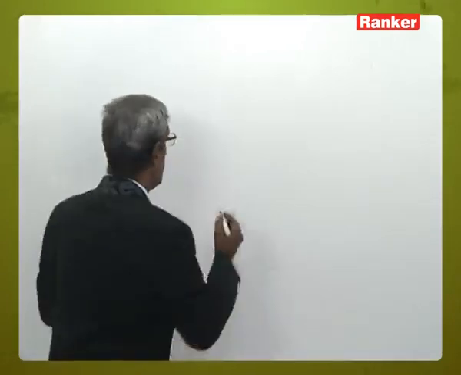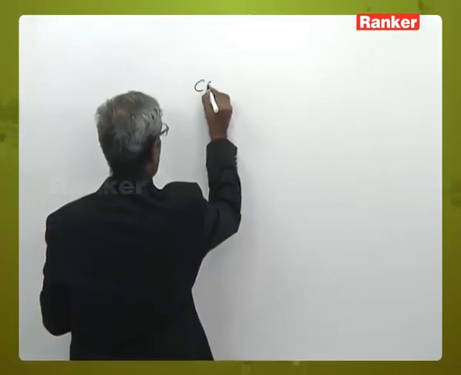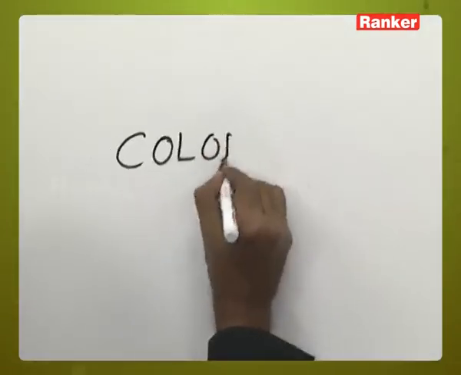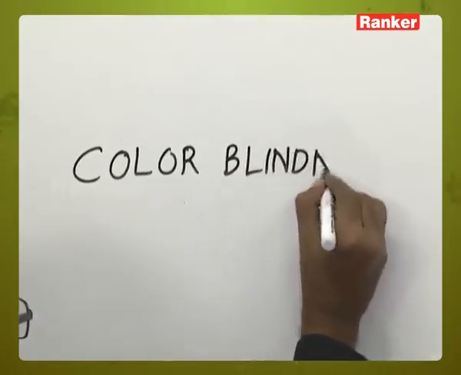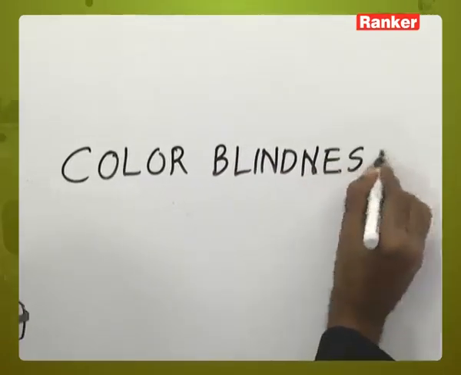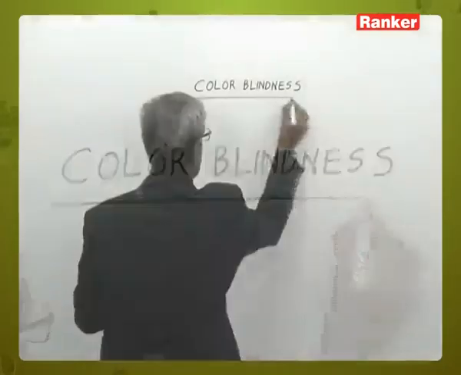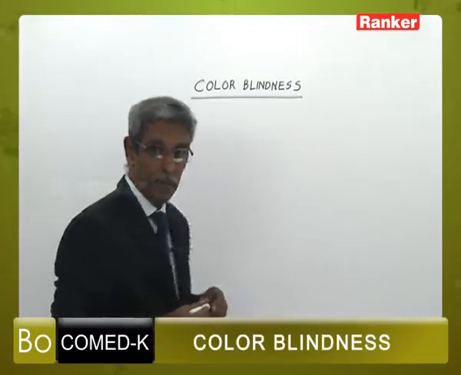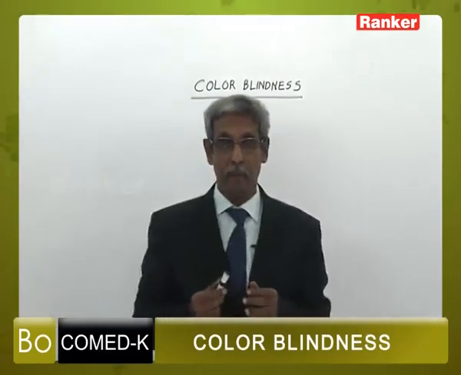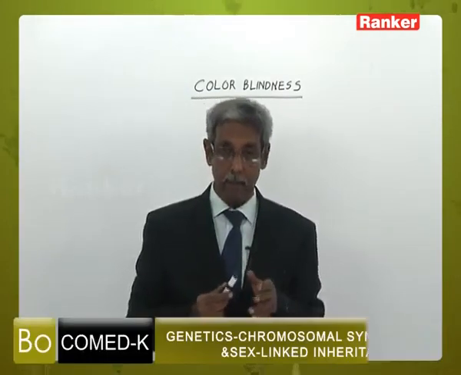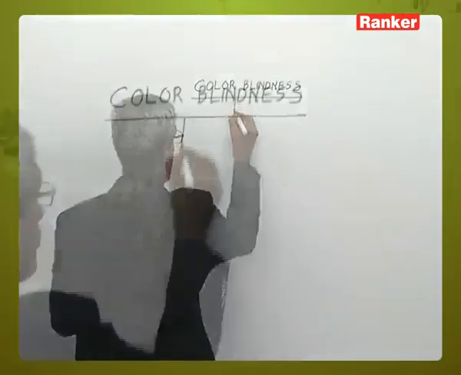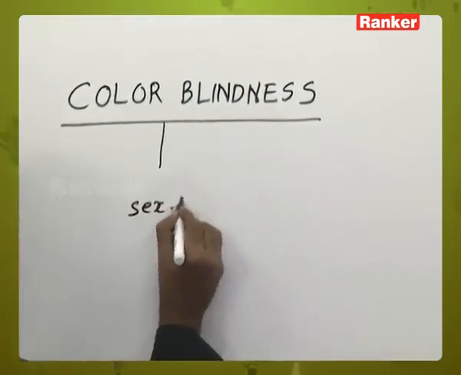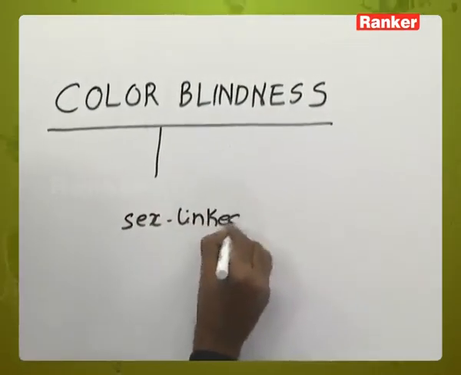Next, we go into another pattern of inheritance which relates to color blindness. Color blindness is a very important disorder which is again a sex-linked trait.